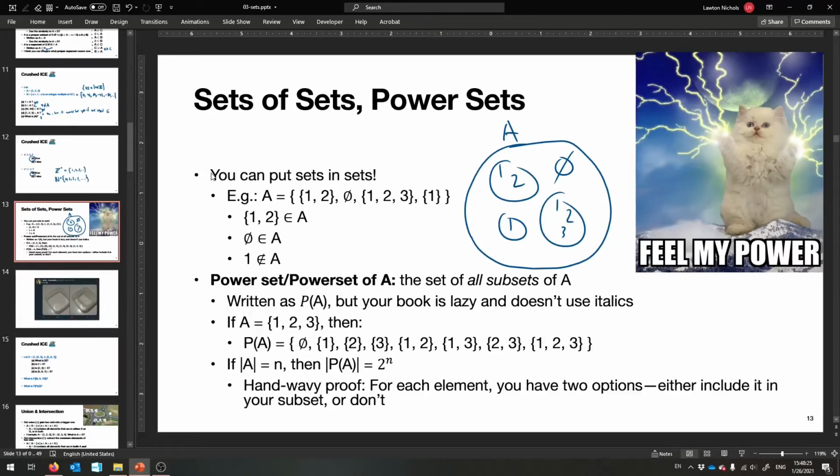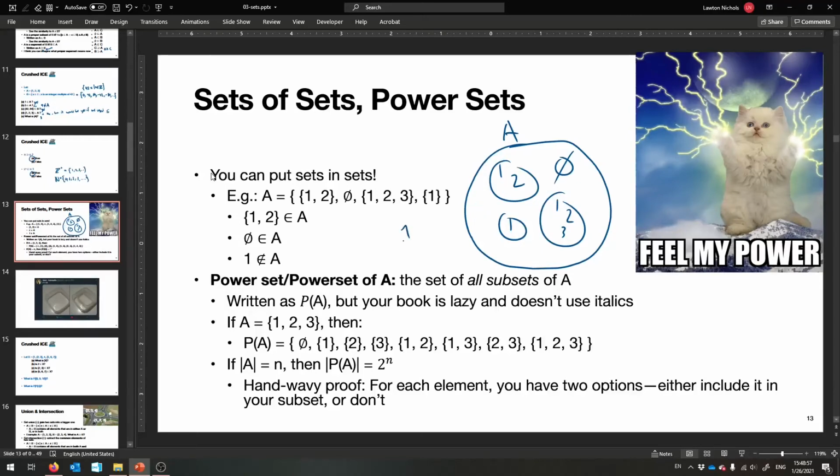Now we can talk about weird things. Normally we have a set, another set, and a subset symbol. But now we can have an element of symbol, because the set {1, 2} really is inside of A. Weird, huh? The empty set is sitting there inside of A. But the number 1 itself, the element 1, is not inside of A. It's inside of one of the inner sets of A, but it's not inside of A itself. That would look something like this, and that's not there.